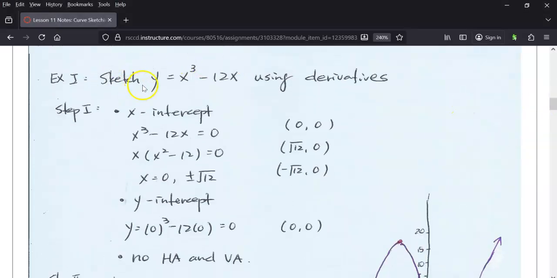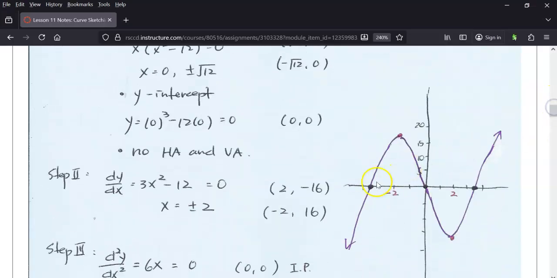Say we want to sketch y equals x cubed minus 12x using derivatives. So let's find the intercepts. For the x-intercept, we set our function equal to 0. Using algebra, we solve and get x equals 0 and plus or minus radical 12. So that's your x-intercepts. That's this one, this one, and that one. Now to find the y-intercept, we simply let x equal 0, plug it in, and find y.